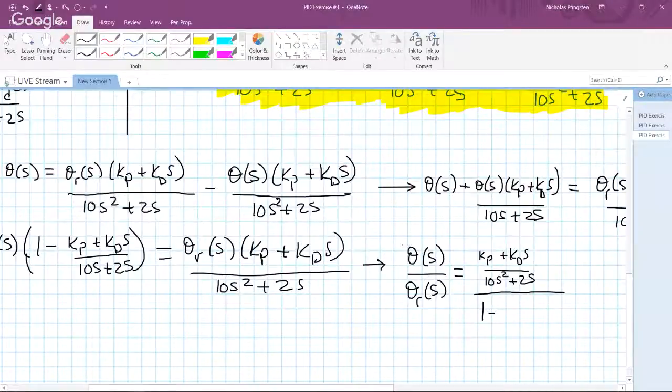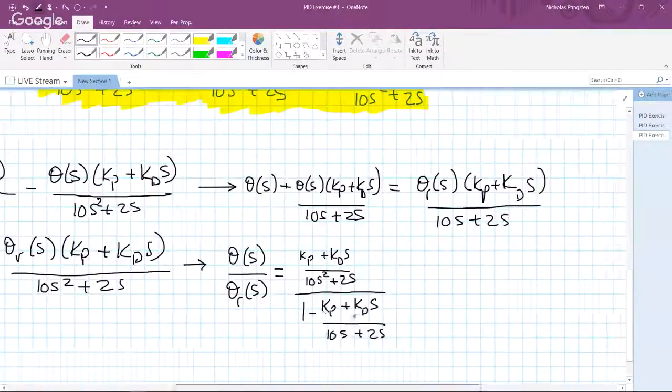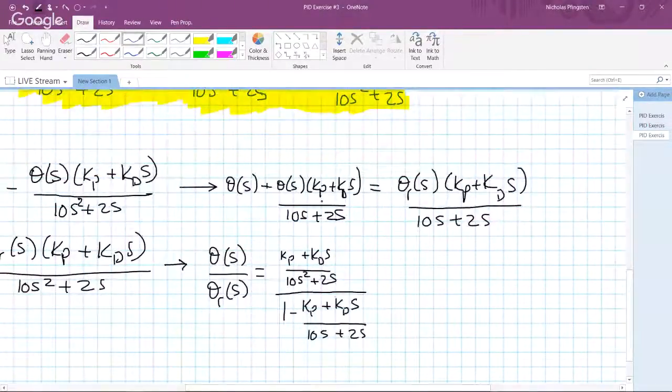over 1 minus (Kp plus Kd of S) over (10S squared) plus 2S. So I'm going to do what I've done before. Multiply both top and bottom by, don't forget it's squared, 10S.